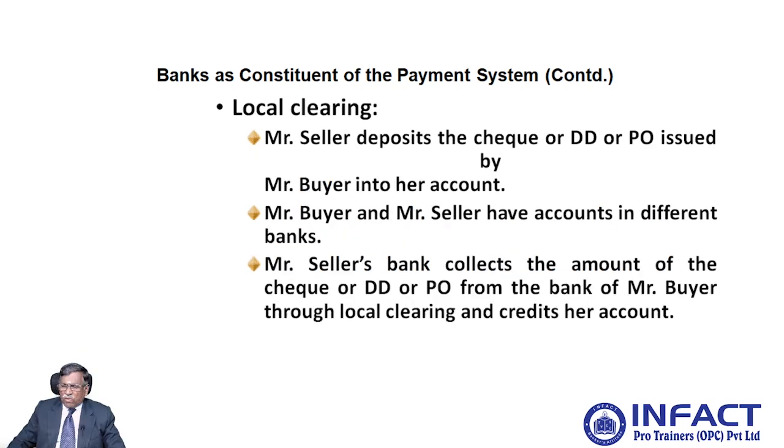So what we saw so far is the simple transfer, and we discussed transfer from one branch to another branch, and transfer from one bank to another bank. Now let us move on to another concept called local clearing. The seller, when he gets a check from the buyer, goes to his bank and deposits the check. Maybe the instrument can be a check, or a demand draft, or a pay order.